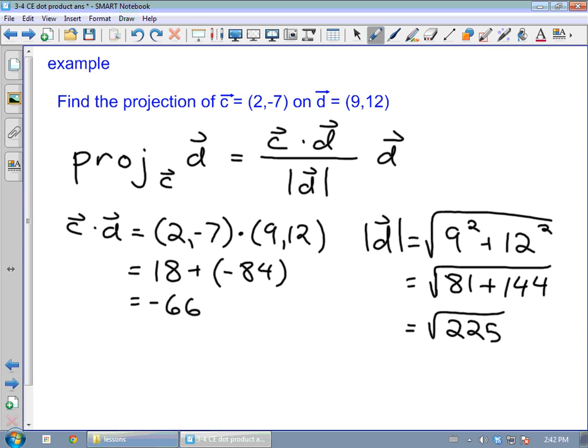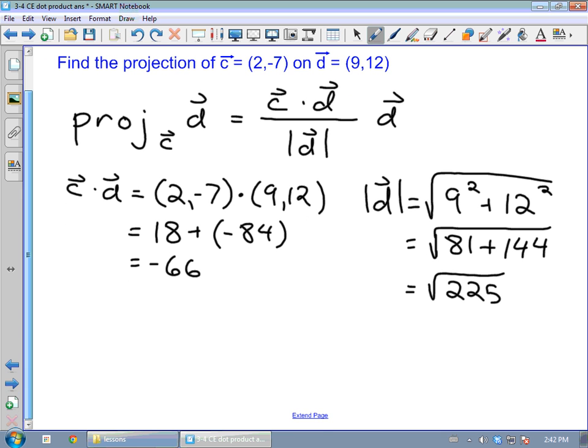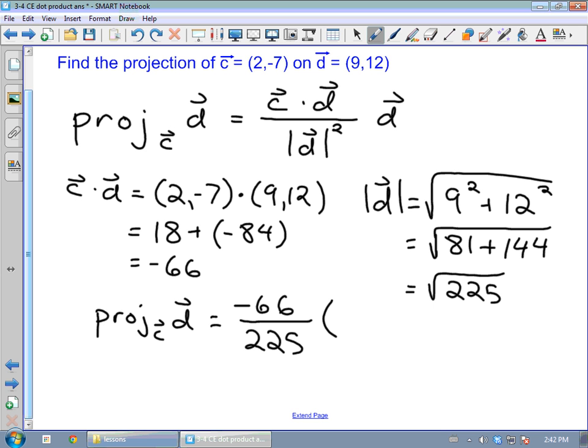Okay. And then we can just put all this together into our projection formula. So the projection of C onto D is going to be negative 66 divided by, I'm sorry, I'm missing a squared in this formula, aren't I? Magnitude of D squared. So if we square the square root of 225, we just get 225. And then we want to multiply this by vector D. Well, vector D is just (9, 12). So now we're just doing scalar multiplication.